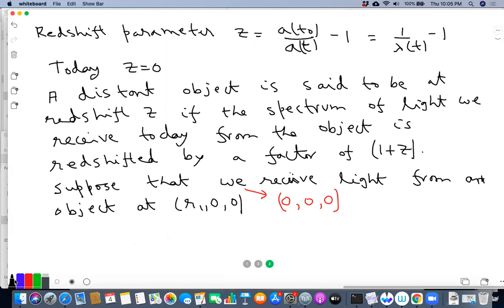Then the time at which the light was emitted, the time of emission, is t1.